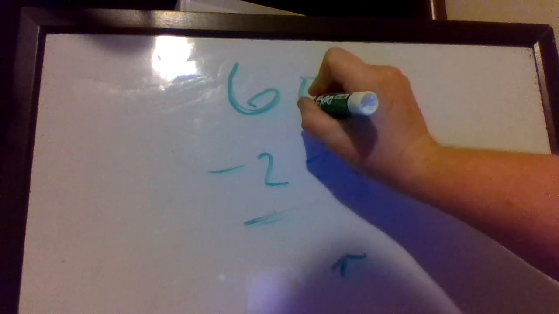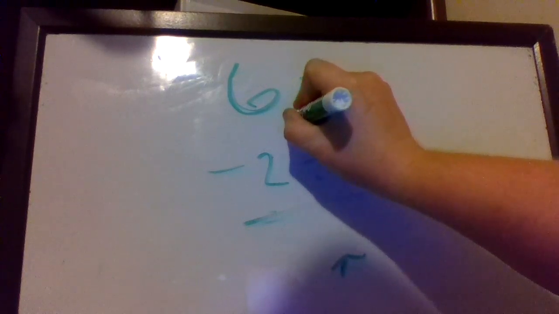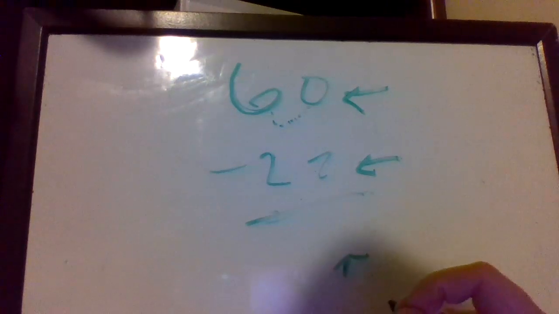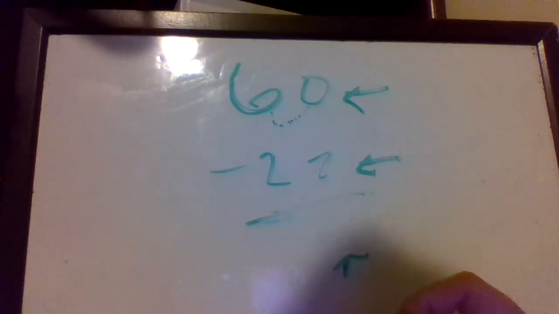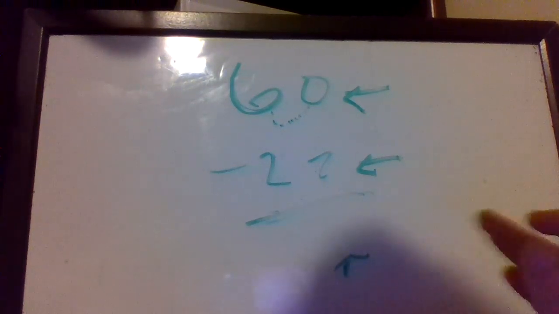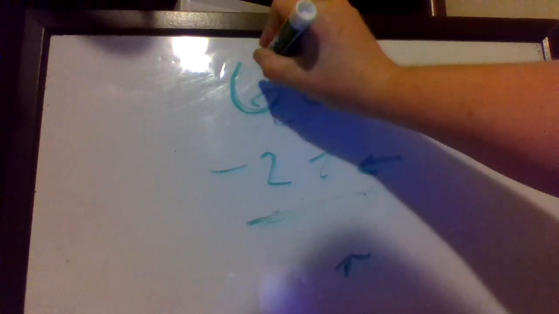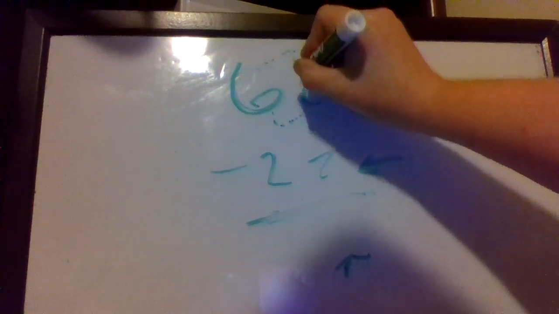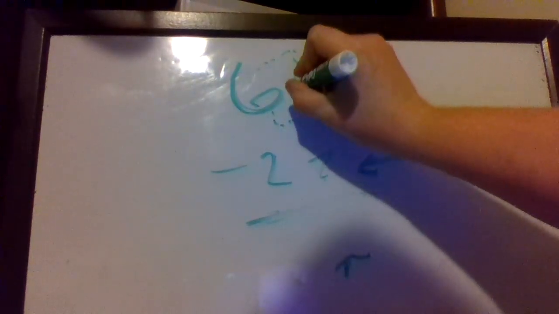So this 0 is going to have to go next door and ask the 6, 6, can I borrow a cup of sugar? And the 6 says, why, of course, my neighbor. So the 6 gives the 0 a cup of sugar. And the cup of sugar that he gives him goes right here.